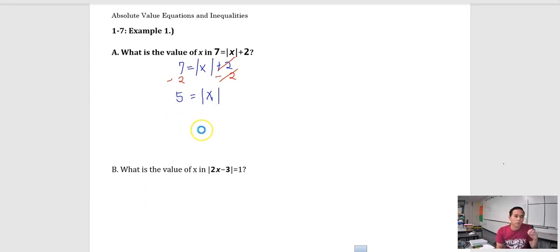When we graph this, we have two answers here. We have 5 units, which is positive, away from 0. Or we can have another graph where 0 is here, and then negative 5, which is also 5 units away from your 0.